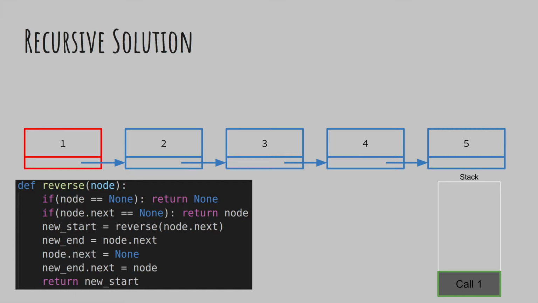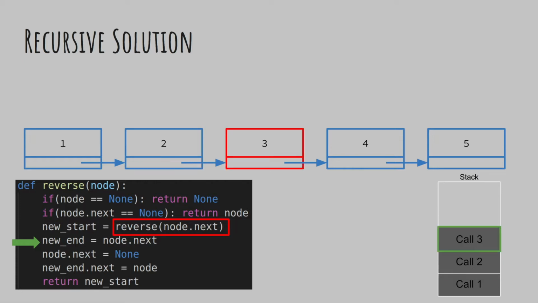So when we do an initial function call, we will save some information on the stack, and in that function call even more information needs to be saved on the stack, and another function call is done, so even more information, and so on. So for each function call, information needs to be saved on the stack. So if we do a lot of function calls, we will run out of memory.